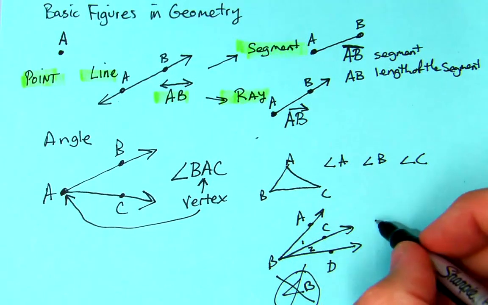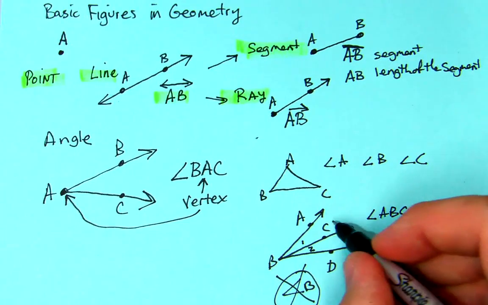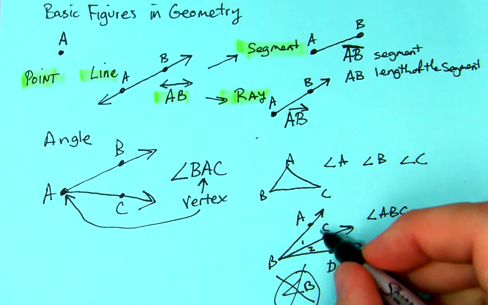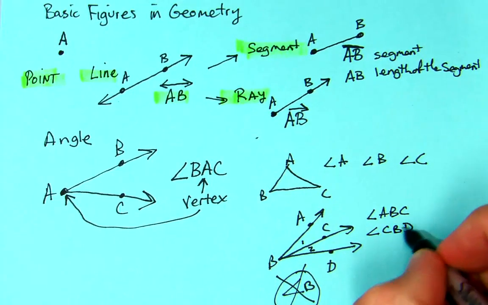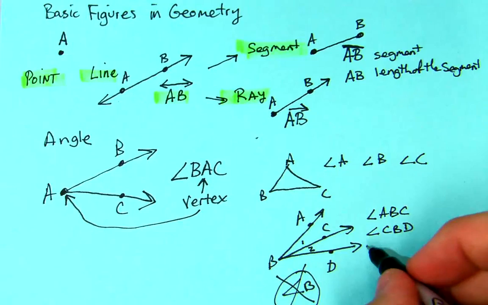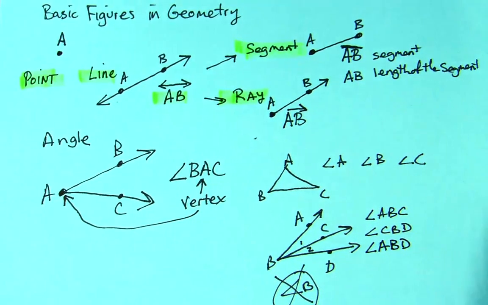So we have to use our naming conventions. We could have angle ABC, angle CBD, or angle ABD.